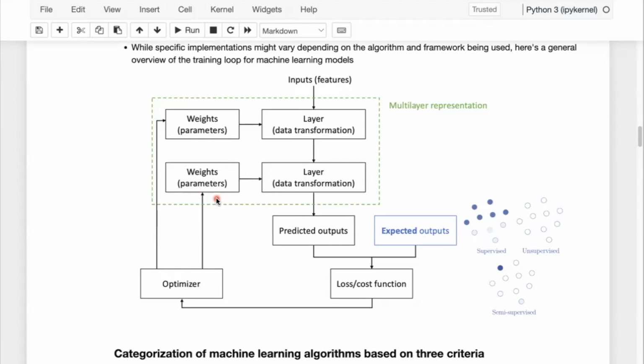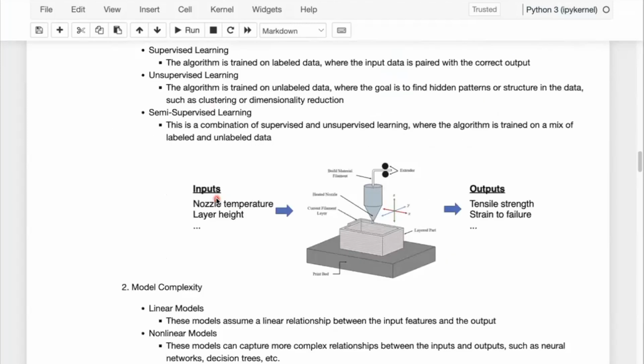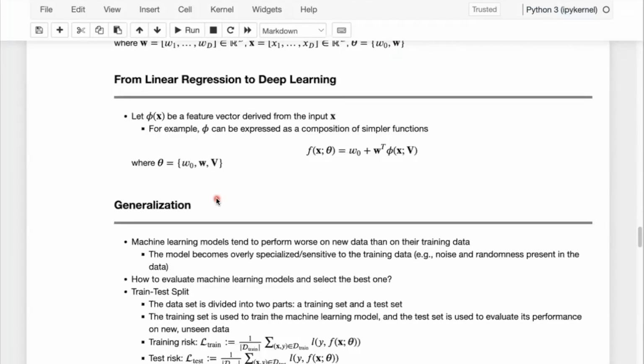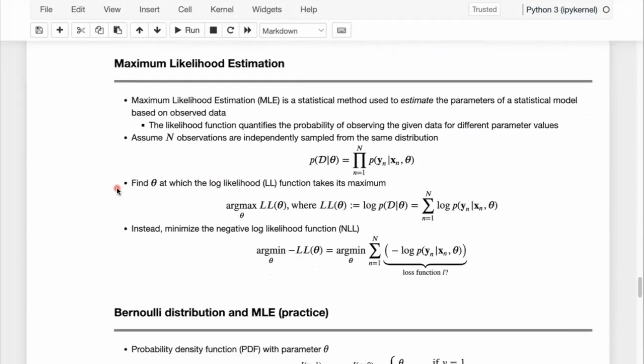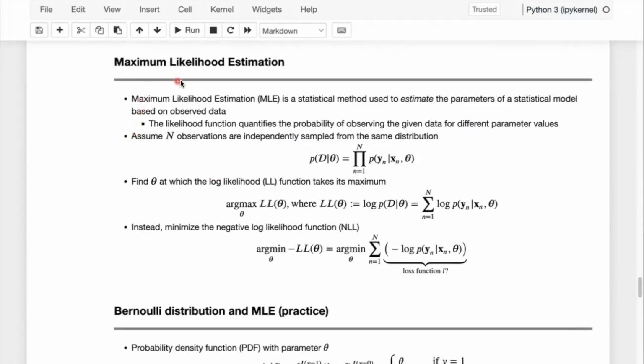So in some sense, supervised learning is really a parameter estimation problem from the statistical standpoint. And one of the most important ways of estimating parameters in statistics is maximum likelihood estimation.